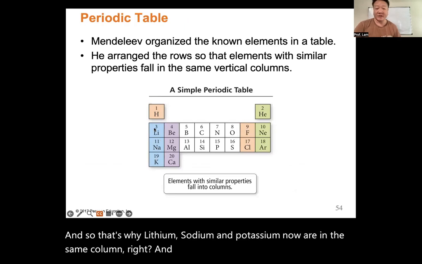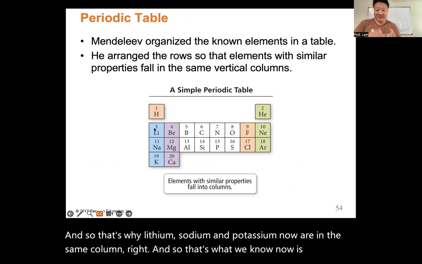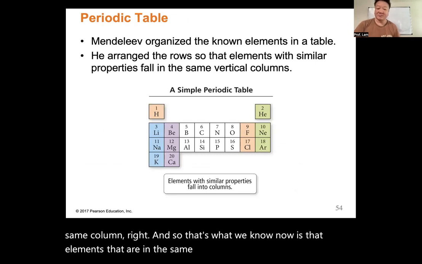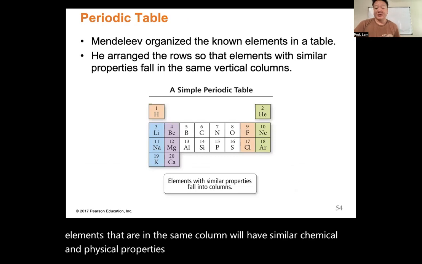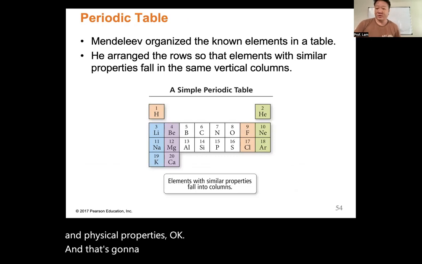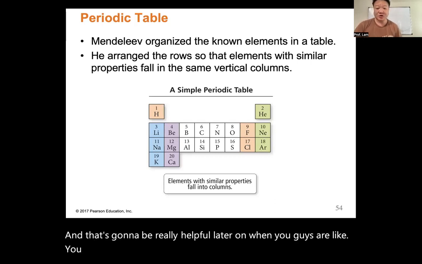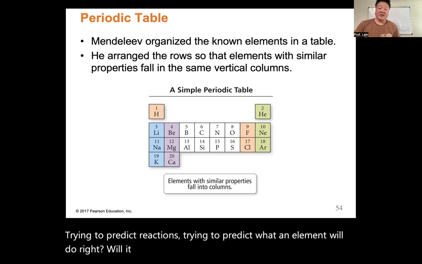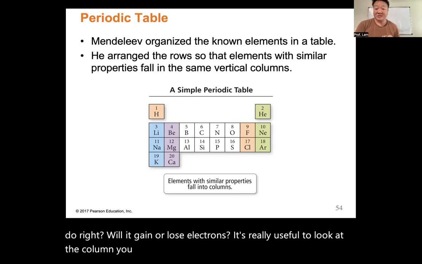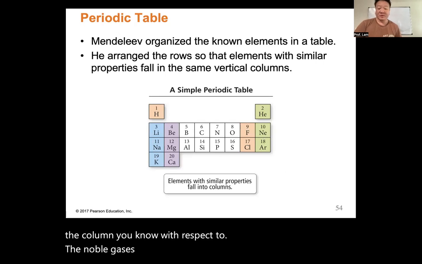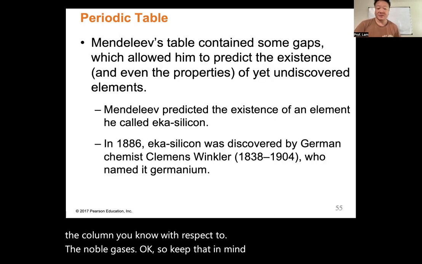And so that's what we know now, is that elements that are in the same column will have similar chemical and physical properties. Okay. And that's going to be really helpful later on when you guys are trying to predict reactions, trying to predict what an element will do, right? Will it gain or lose electrons? It's really useful to look at the column, with respect to the noble gases. Okay, so keep that in mind. Similar properties fall into the same columns.